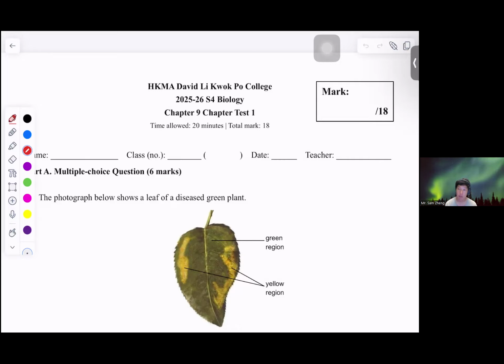At the same time, I also want to do some revision with you, so please take out your Book 1B MC question booklet and also the structural question booklet. In case you do not have them, no worry.